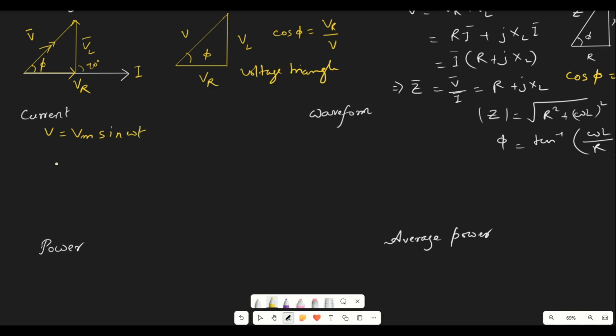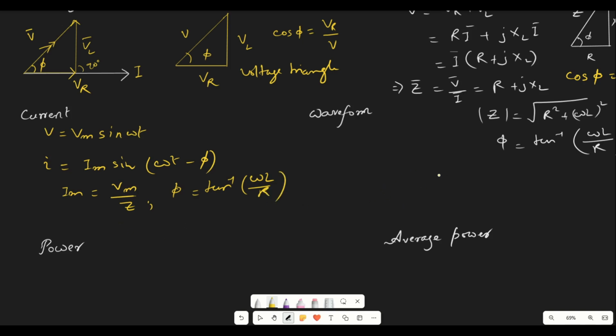Since the current is at a phase difference of phi, and the current is lagging, we can write I equals Im sin of omega t minus phi, where Im is given by Vm by Z. The angle we have already determined is tan inverse of omega L by R.